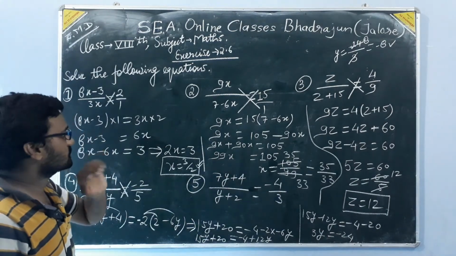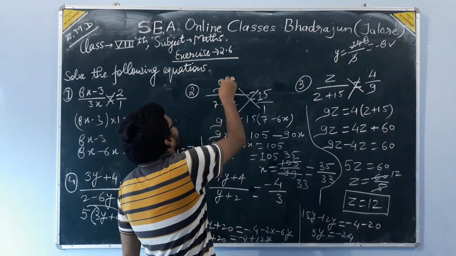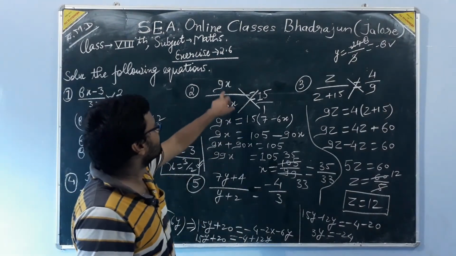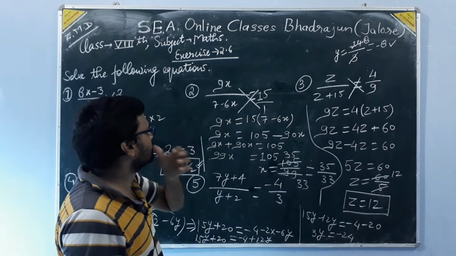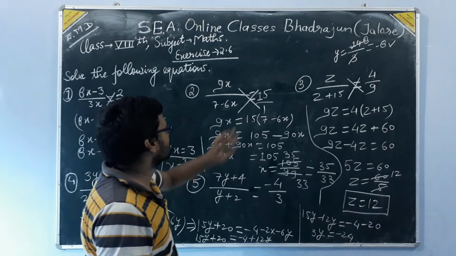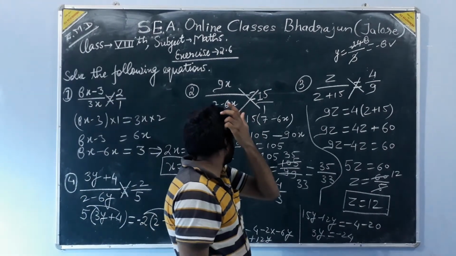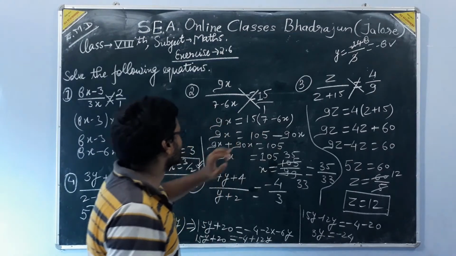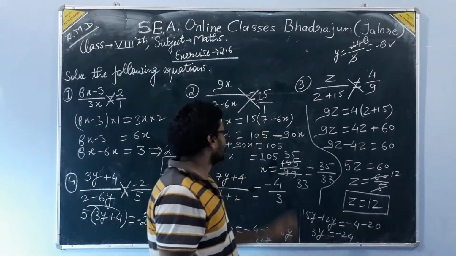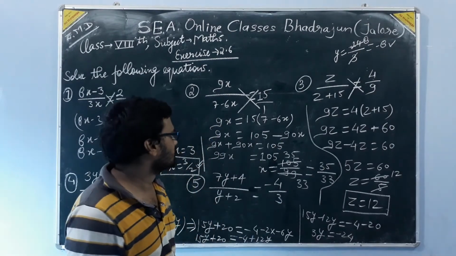Okay. Next one is question number second, in which we are given 9x upon (7 minus 6x) equals 15 upon 1. We will cross multiply, then what we will get is 9x into 1 is 9x equals 15 multiplied with (7 minus 6x). Okay, this is 9x, 15 sevens are 105, minus 15 sixes are 90x.